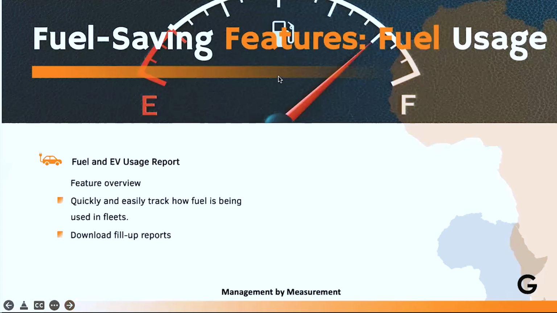Okay, great. We are now going to look at fuel and EV usage as a report or a feature. Another very important aspect, like I said earlier, there's so many companies that are introducing trials of electric vehicles. There's so many companies that are commissioning electric vehicles into their fleet. And the fuel and EV usage report displays the driving energy consumption for each of these vehicles in your fleet.